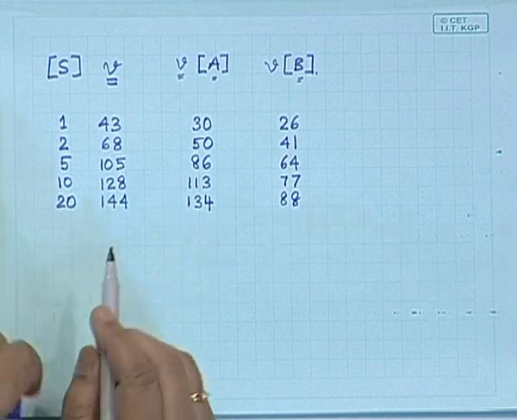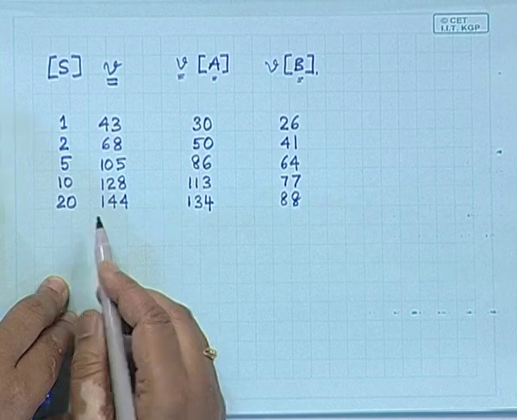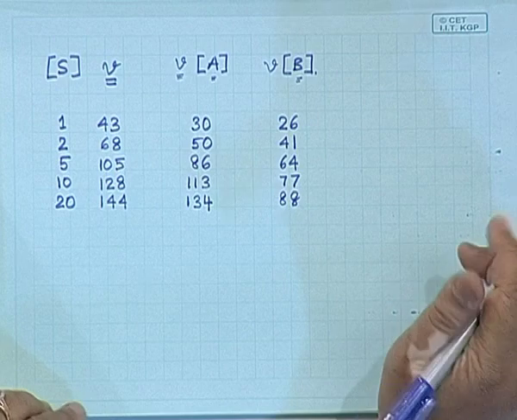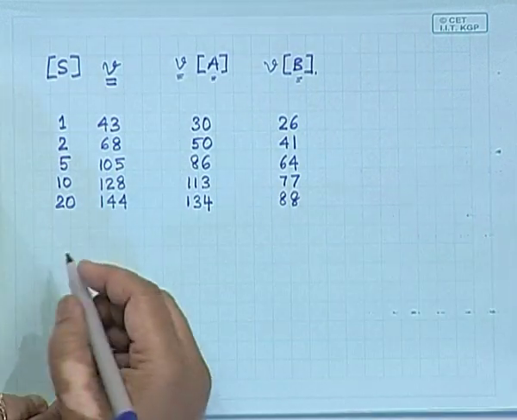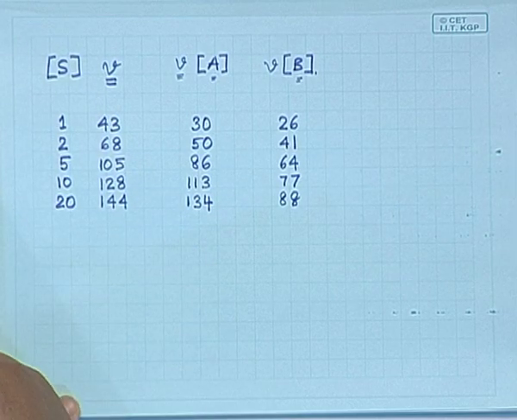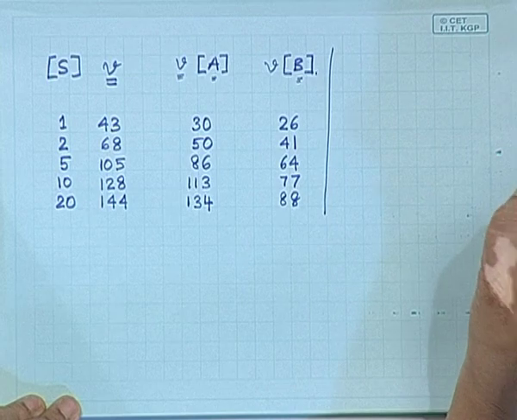Now, what we are going to do is plot the Lineweaver-Burk plot for this case. So, if I have these S concentrations, what information do I require to plot my Lineweaver-Burk plot?